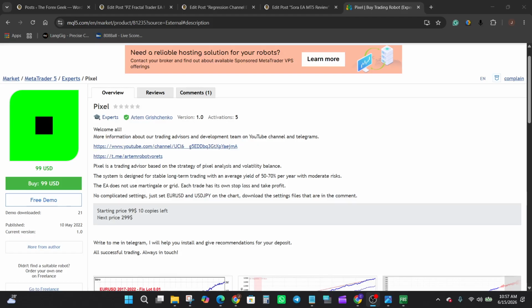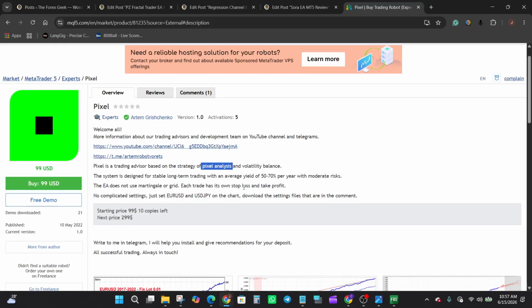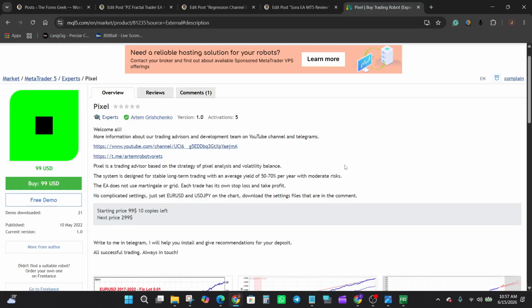Moving through the description, the developer explains that Pixel is based on what they describe as pixel analysis and volatility balance. Now, beyond that, the page does not provide detailed information about the underlying entry or exit logic. So there is no reason to speculate on how those signals are generated internally.